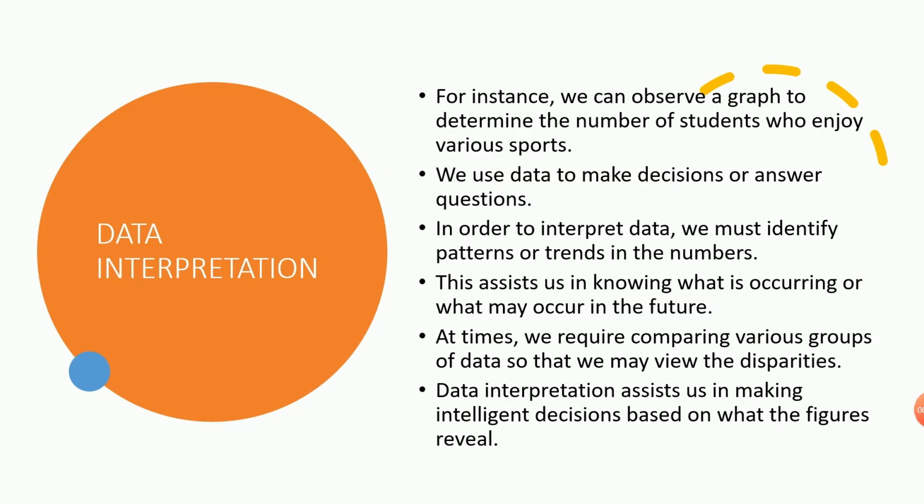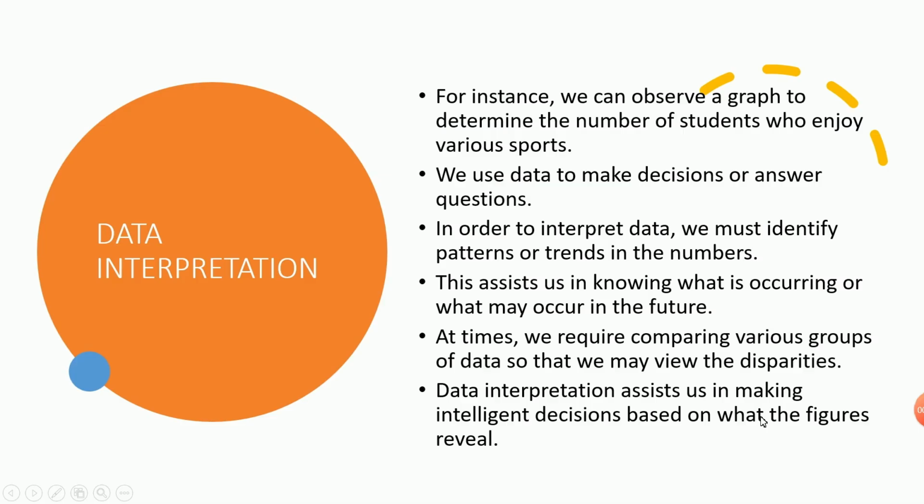So at a certain point they will find if there is a village missing by comparing that year data. So that is how we have to compare the data to find any disparities or to make any decisions or answer the questions. Next, data interpretation assists us in making intelligent decisions based on what the figures reveal.